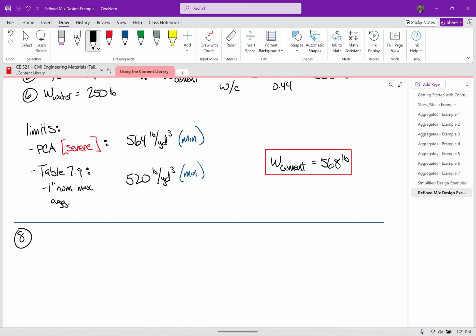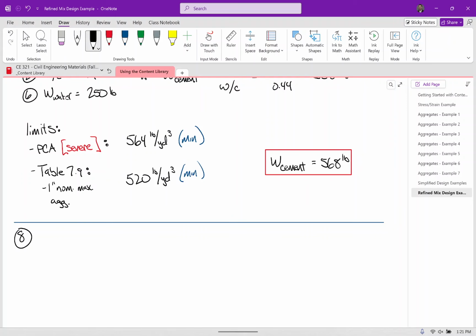Our final ingredient is going to be the sand. The way that we compute the weight of the sand is we figure out all these different components occupy this much space, so the sand's got to occupy the difference. We take the sum of all that volume, and figure out the difference between 27 cubic feet and that. So we're doing it based off volume.